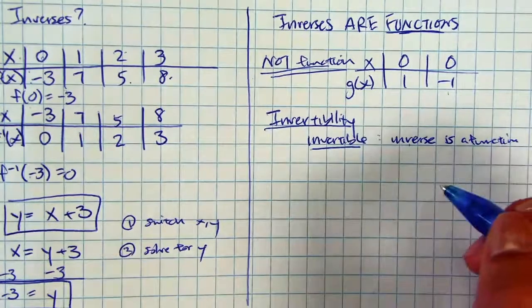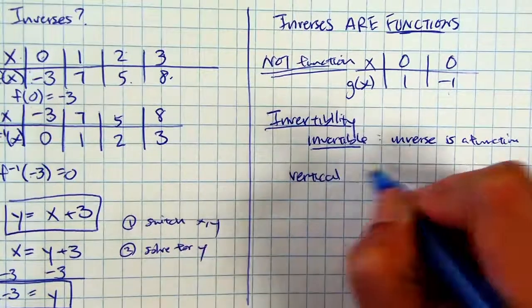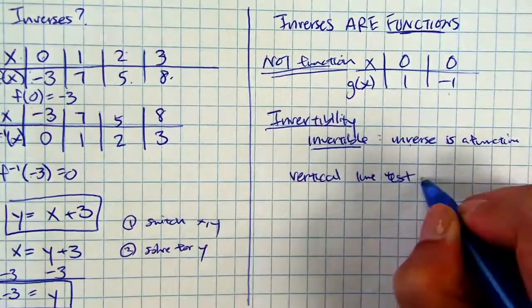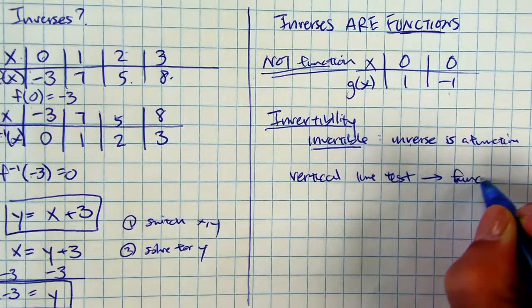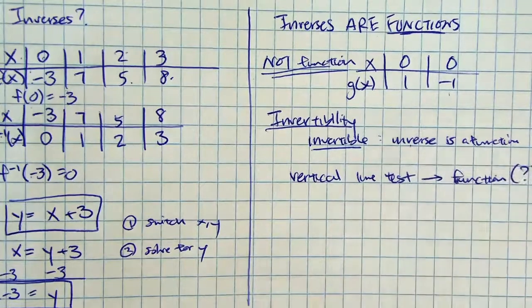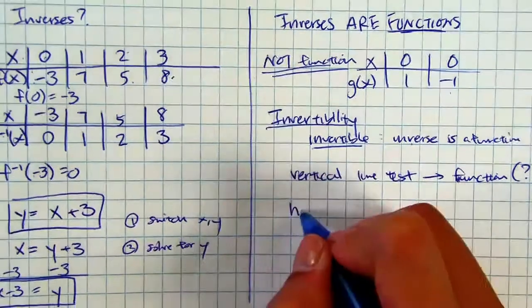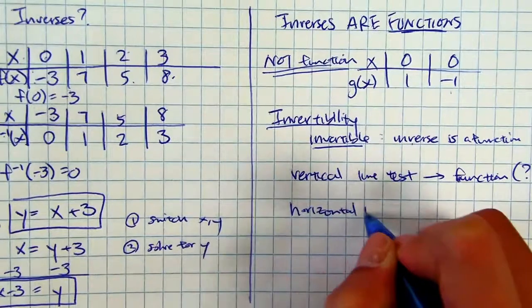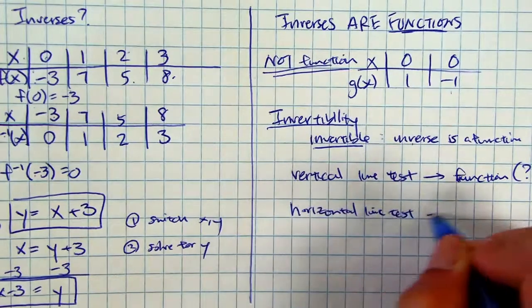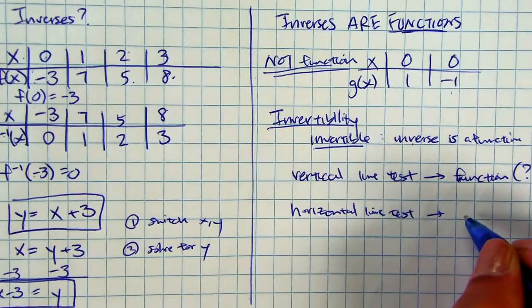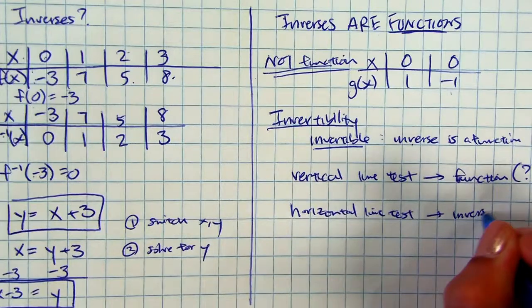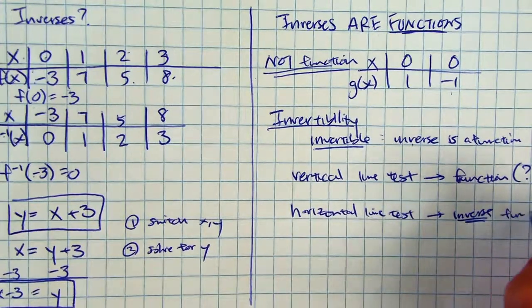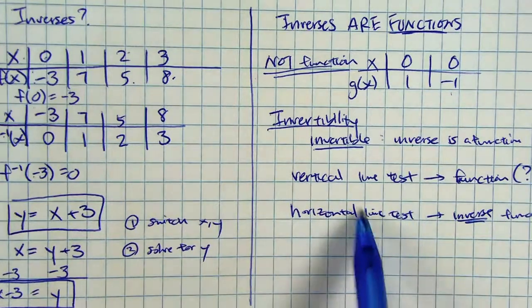So vertical line test tells us whether or not something is a function. Function? Yes or no? Whereas the horizontal line test tells us whether or not its inverse is a function. Okay, so that is a test of invertibility.